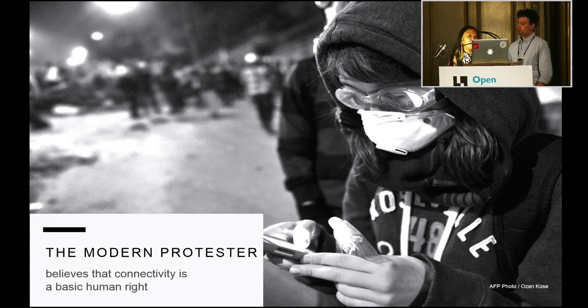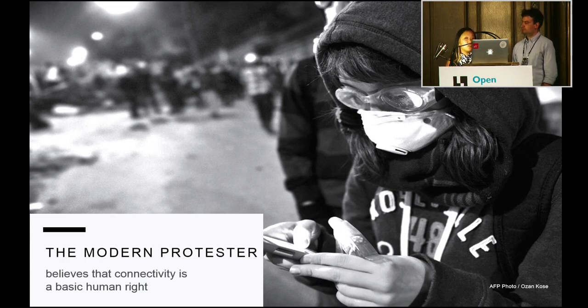So by now, most people have heard about the important role played by Twitter and Facebook during the Egyptian uprising, or how FireChat became the #1 network during the protests in Hong Kong.